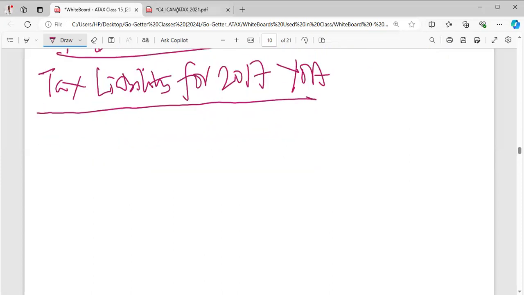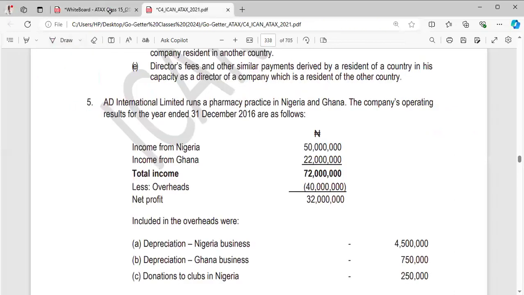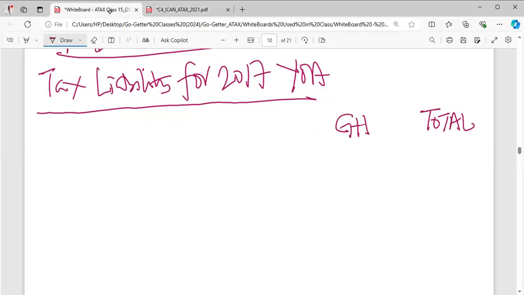What are the two things there? Nigeria and Ghana, right? So this is total. Nigeria is first, okay? So this is Ghana. Let me put GH as Ghana, NG as Nigeria.